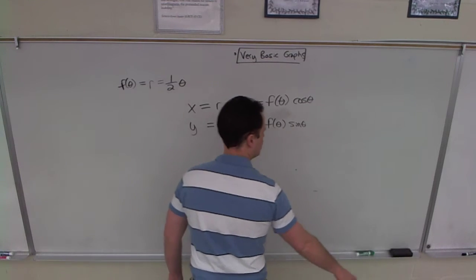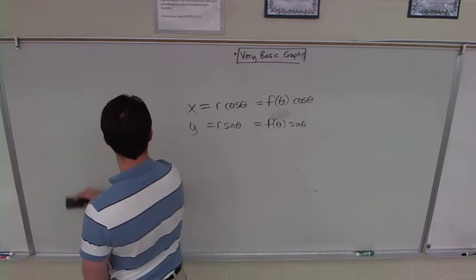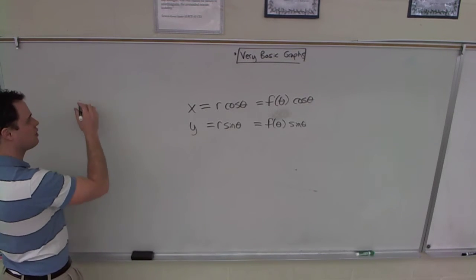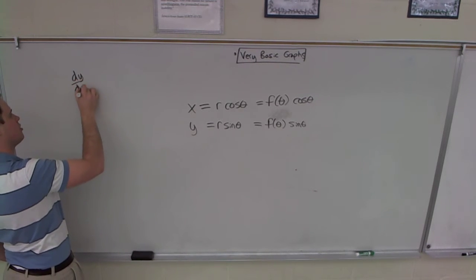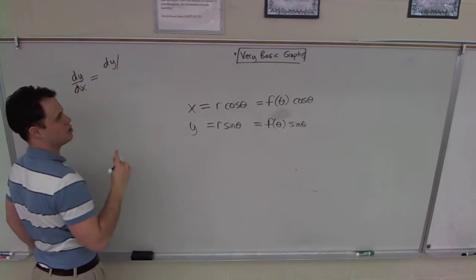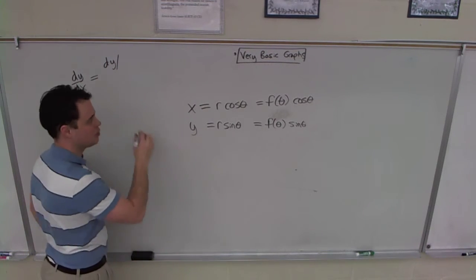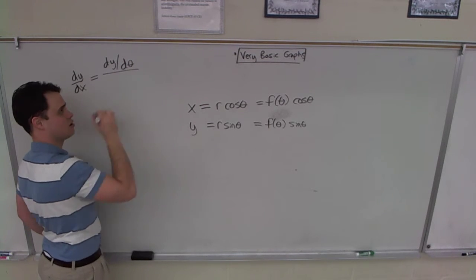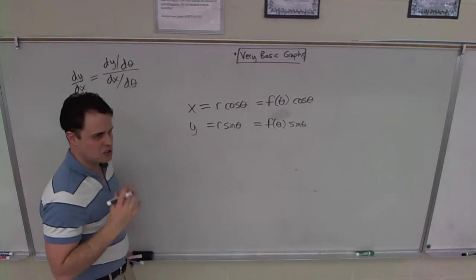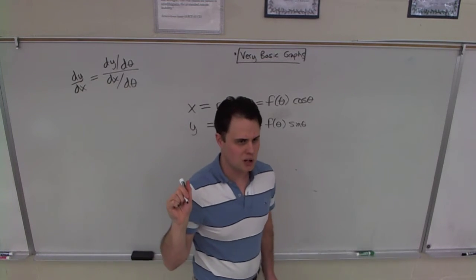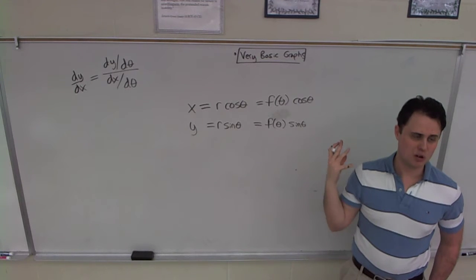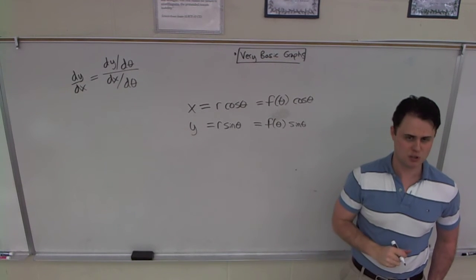So, can you guys remind me, how did we do parametric derivatives? We went dy over dx. If we're using our parameter as theta, we'd go dy d theta over dx d theta. So what you're telling me is you know how to do that for parametric, and I just showed you how to take a polar curve and put it into parametric.